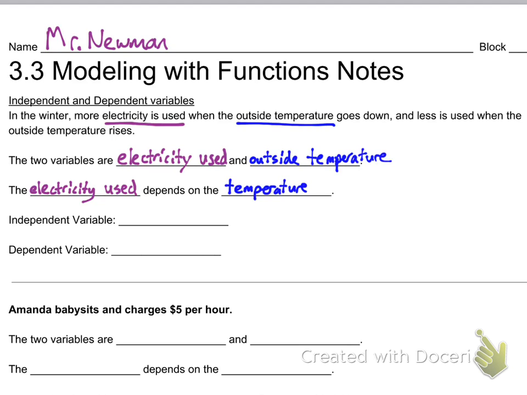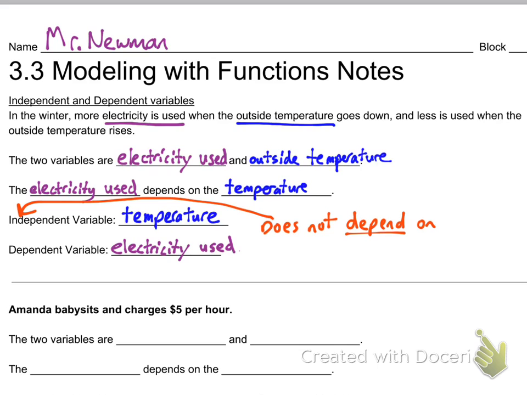So that's how I can say the sentence: the electricity used depends on the temperature, and not the other way around. That means the independent variable is temperature because it does not depend on any variable here. And the dependent variable is the electricity because it depends on another variable.